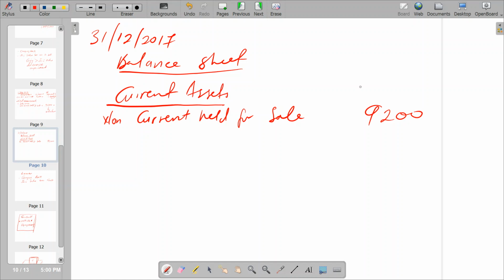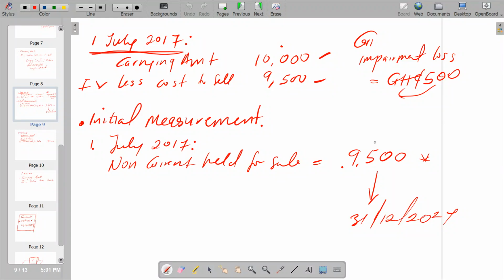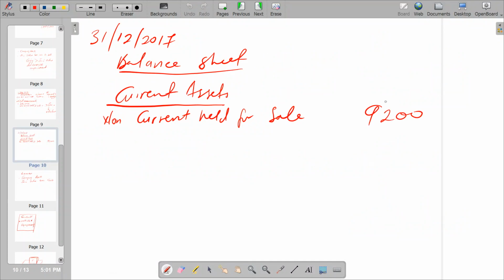Because initially we recognize it as 9,500, when we decided to sell it, but right now the fair value is 9,000. So this was the initial amount. Now the fair value is 9,200. So it means it has reduced further. It has reduced further by how much? 300.